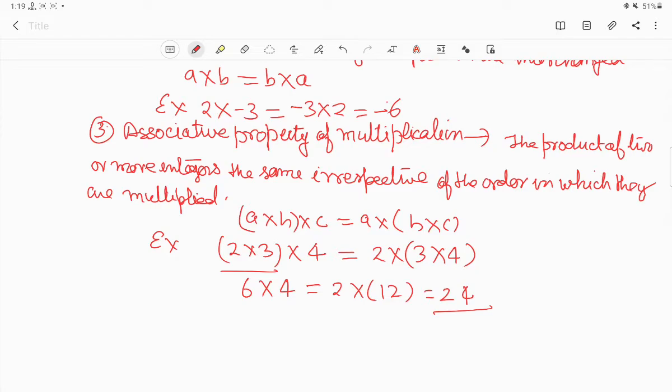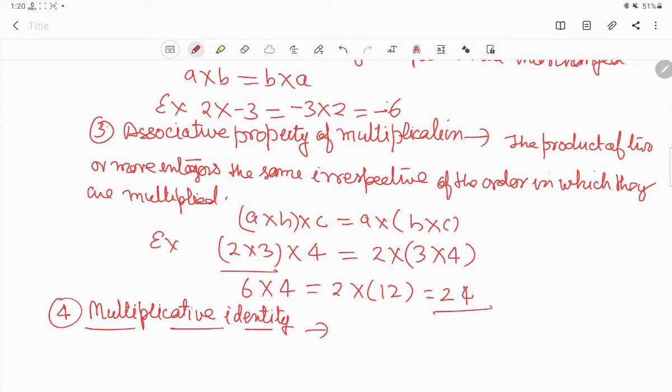Now the fourth property, multiplicative identity. What is the multiplicative identity?